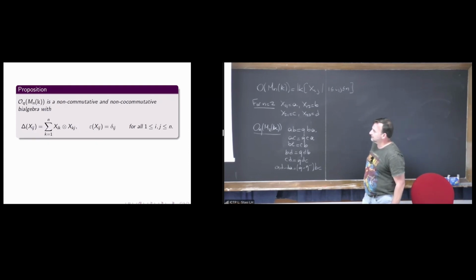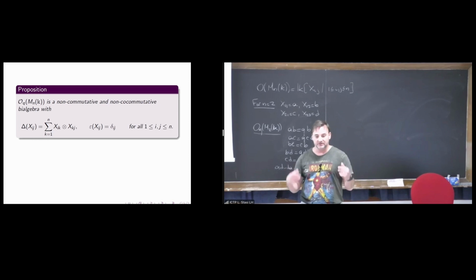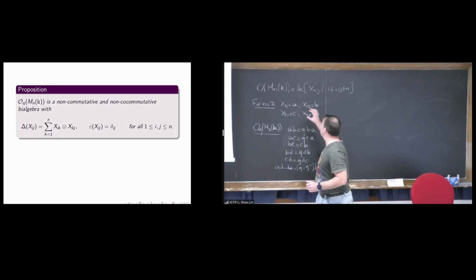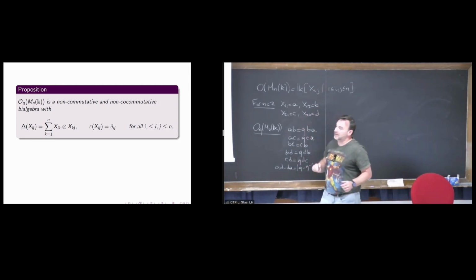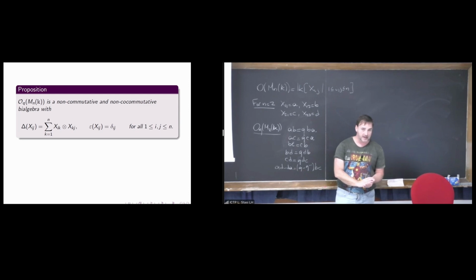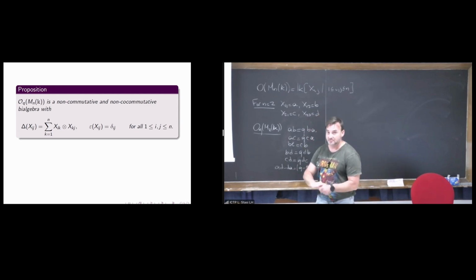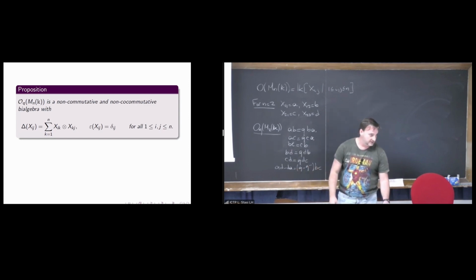And actually, we deformed the multiplication. But we knew that this algebra was a bialgebra because we defined a coproduct and a counit. If we change the multiplication, maybe we lose the coalgebra structure. But this is not the case. We still have a coalgebra structure.